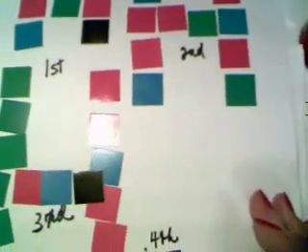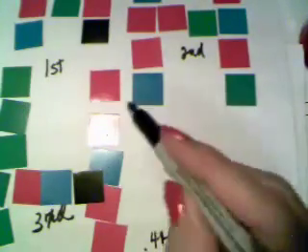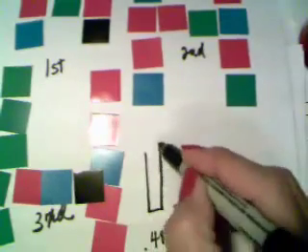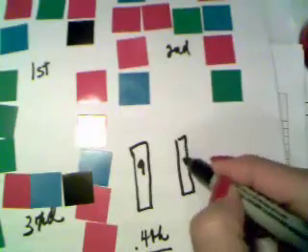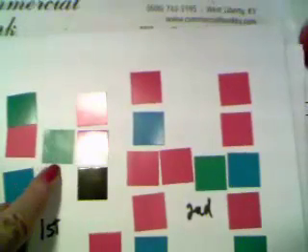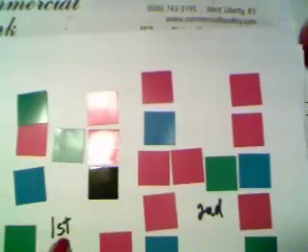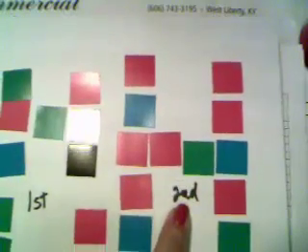I can predict that with the fourth pattern this column would be 9, and notice that the center is the same as the position. So there are 2 in the second position, 3 in the third position. So in the fourth position, I would expect 4 to be in the center.